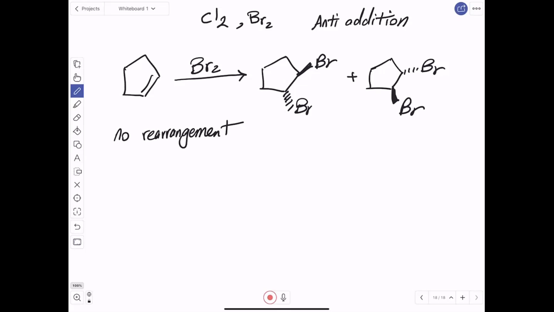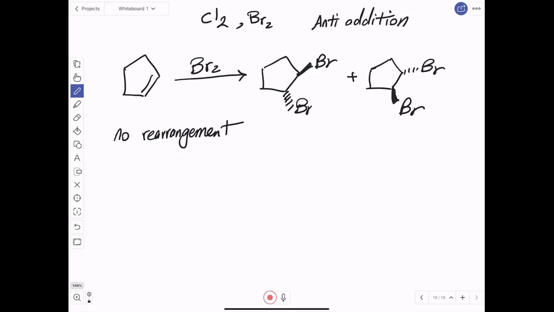And let's check the mechanism of the reaction. Since there is no rearrangement, do you think the intermediate is a carbocation or not? No. If it was a carbocation, then rearrangement would be possible.